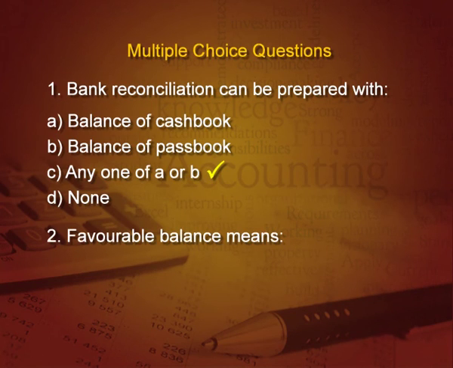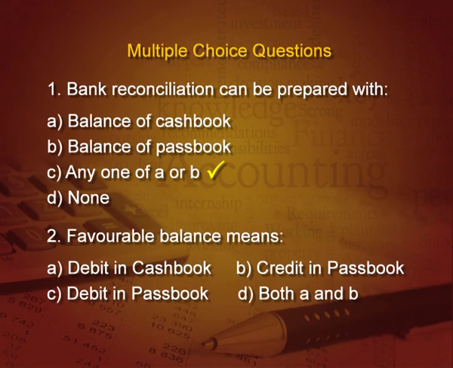Next question, favorable balance means debit in cash book or credit in passbook or debit in passbook or both A and B? Yes, it is both A and B, because debit in cash book is also favorable, credit in passbook is also favorable. So, both A and B is the answer.